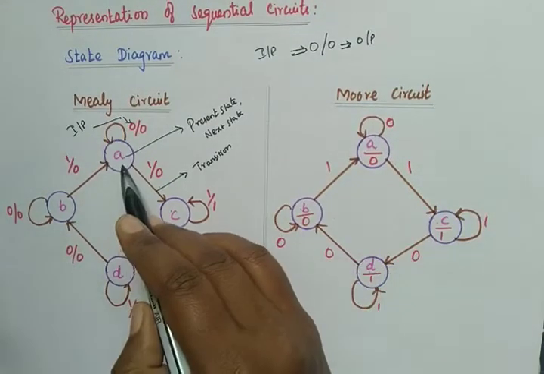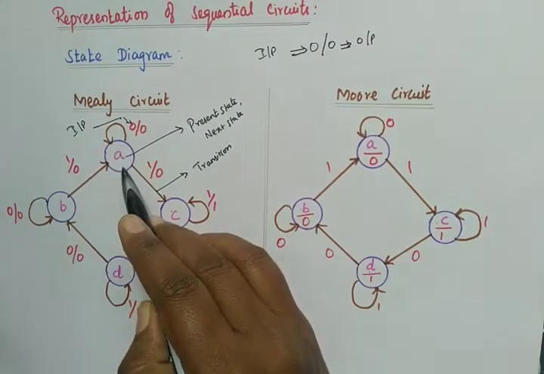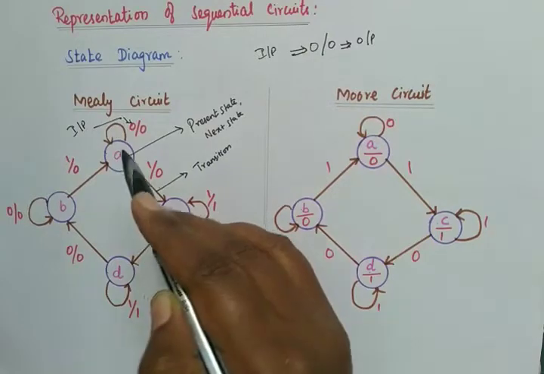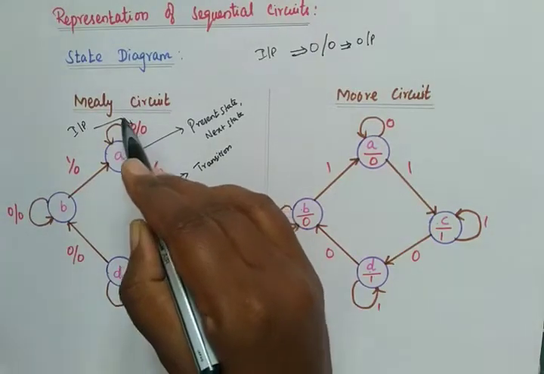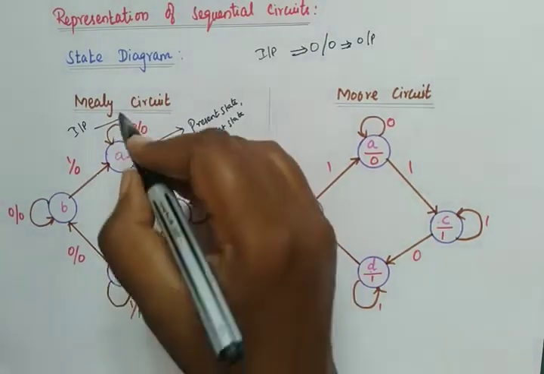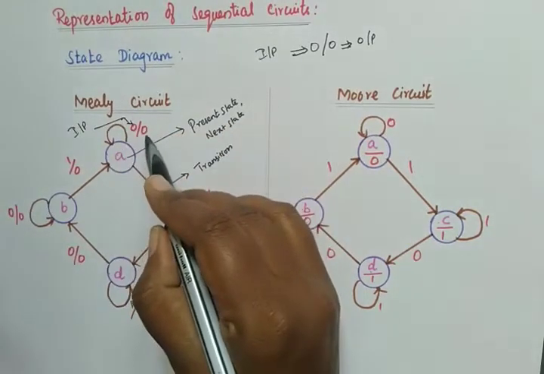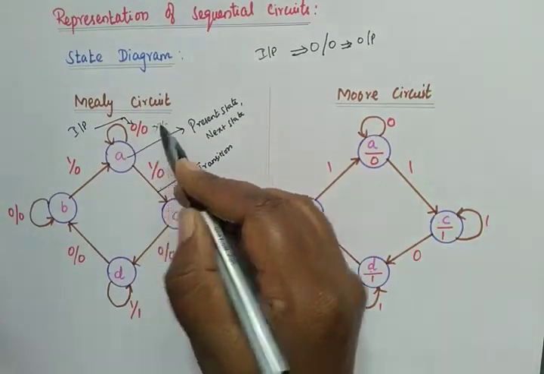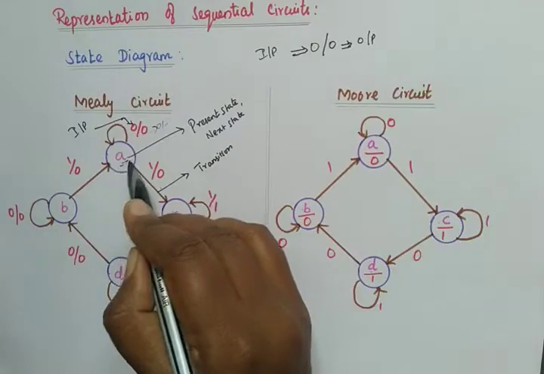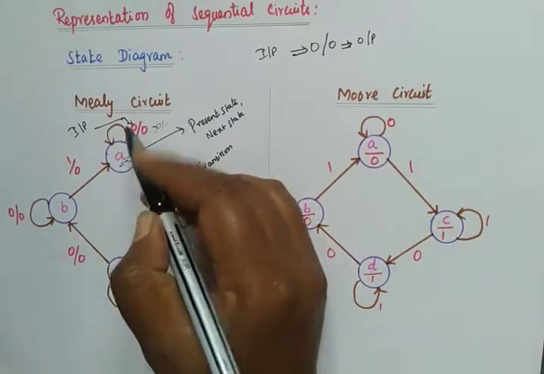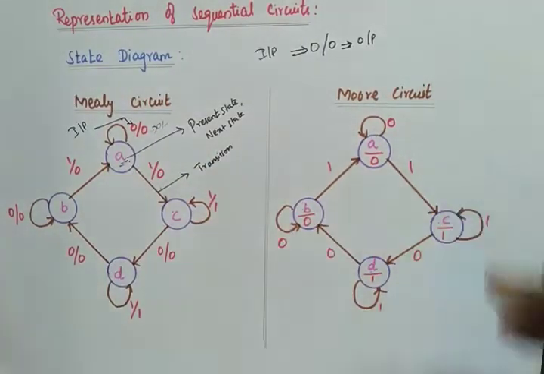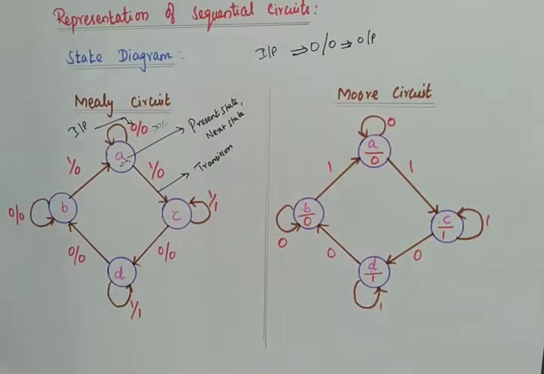Now check here, if A is our present state and the present input is 0, what will be the output? Let me take a blank paper now. Listen.